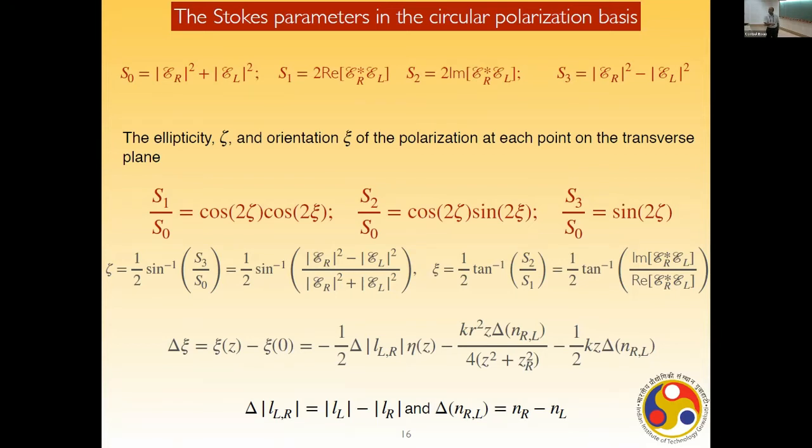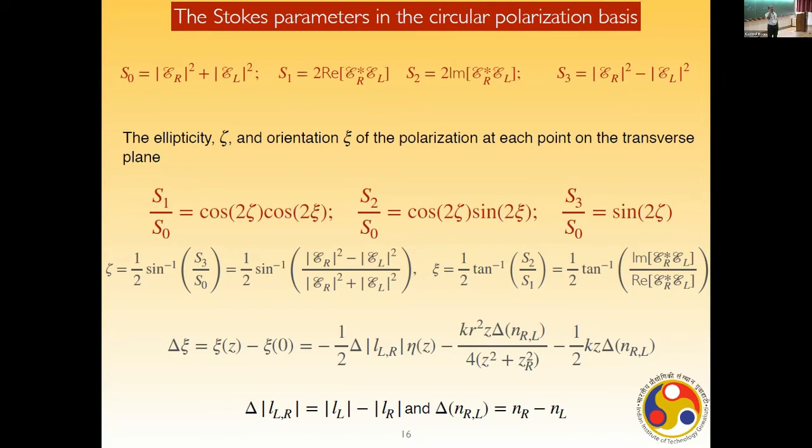What is the refractive index variation? Delta n_RL. The refractive index for the R component minus the refractive index of the L component. If this n_R minus n_L is non-zero, then you have a rotation in the polarization structure. Otherwise, you cannot get a rotation.